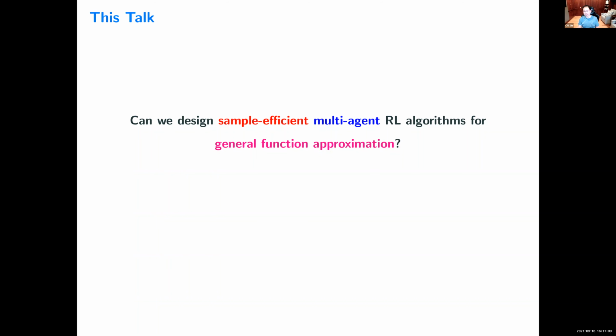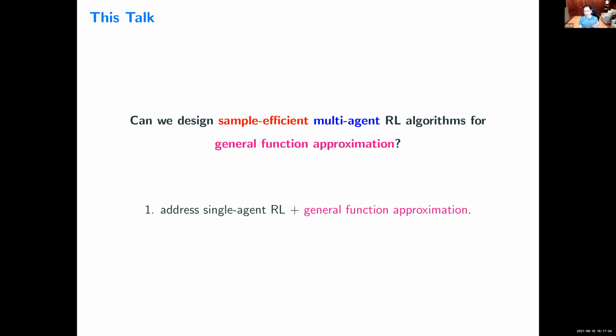So overall, in this talk we will center around two themes. One is about how to deal with multi-agency. The second is about general function approximation. And our theoretical guarantee is how many samples, polynomial samples, we're going to need for those kinds of settings. The talk will have two parts. The first part will deal with general function approximation alone.